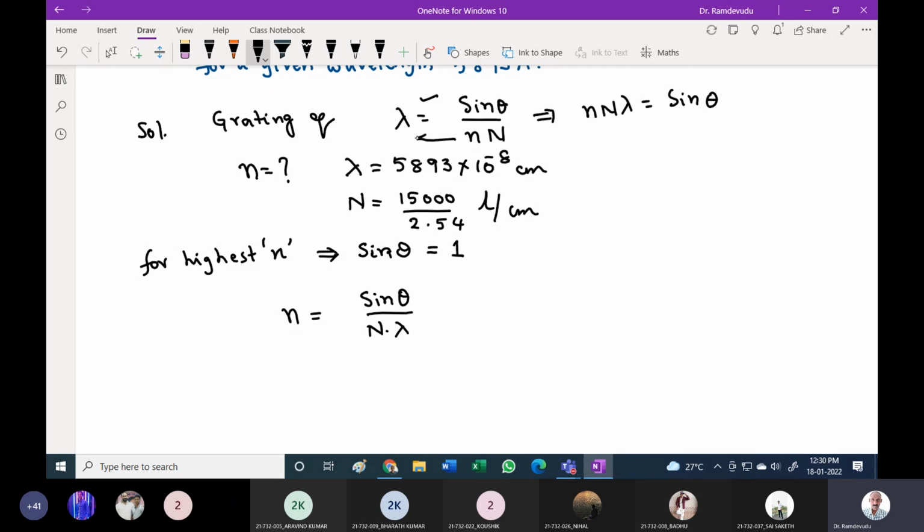I take n this side, lambda will come down. So sine theta is 1, and N they have given 15,000 lines divided by 2.54 lines per centimeter, into lambda, which is 5893 into 10 to the power minus 8. So how much is the n you are getting?